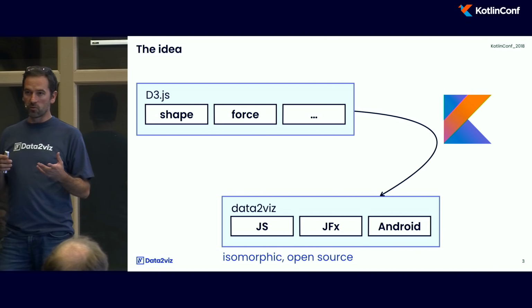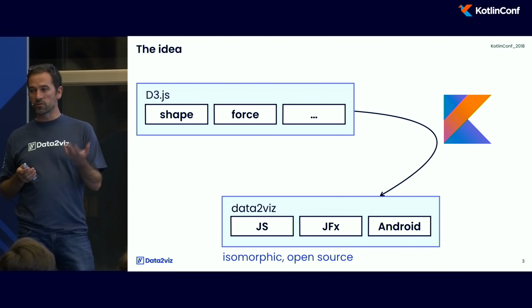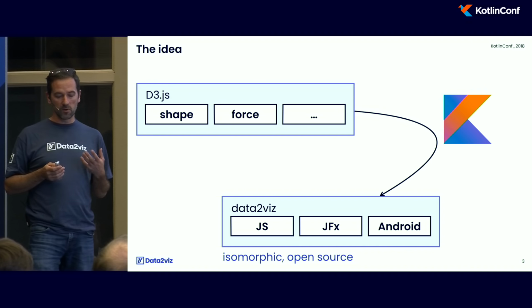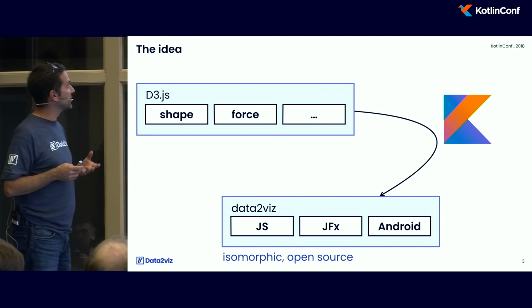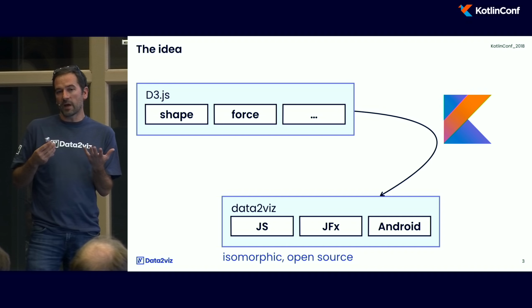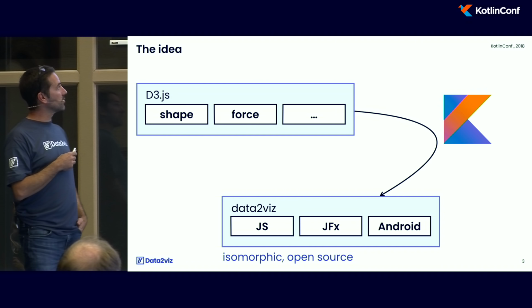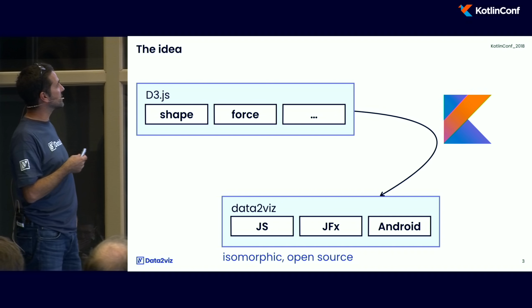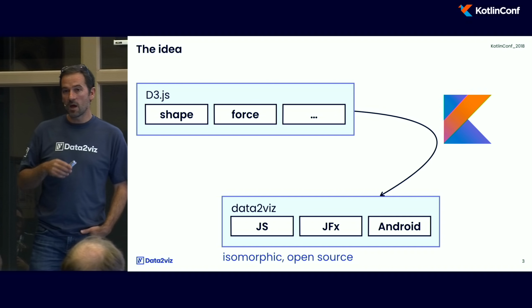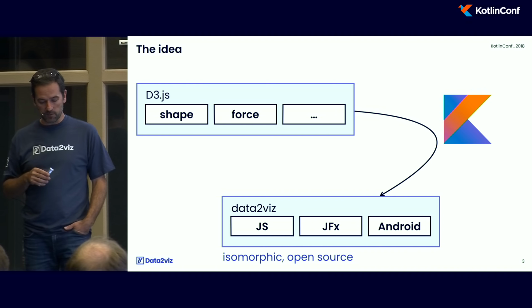Its ability to create nice DSL, to produce a multi-platform result, and to have a nice productivity when building data visualization. So basically, we decided to take D3.js and the modules of D3.js and to port them into Kotlin Multiplatform.